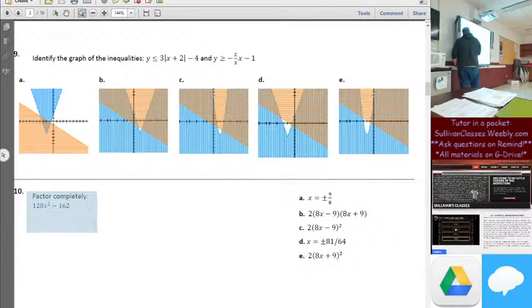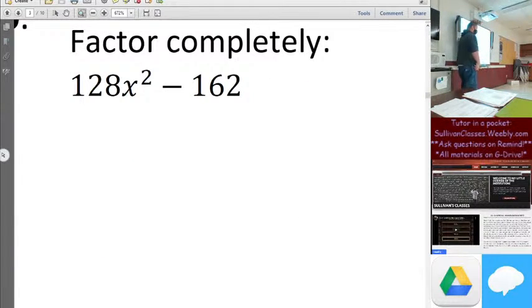Factor completely. Anyone heading up to pre-calc? You better be able to quadratic. If you can't quadratic, just nope. You have to know how quadratics work because you've been doing it for 2 or 3 years.